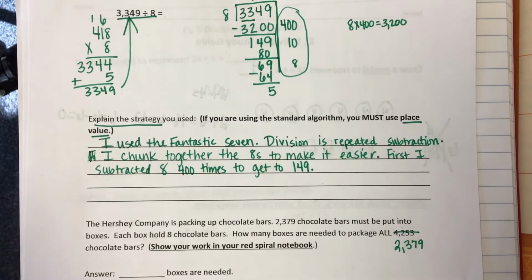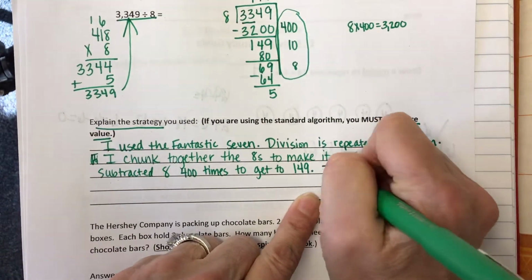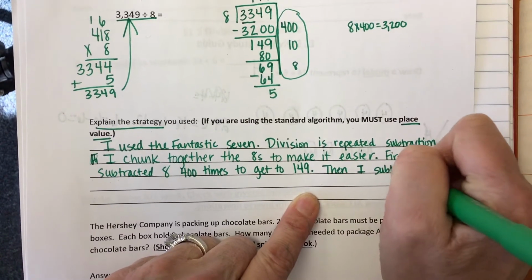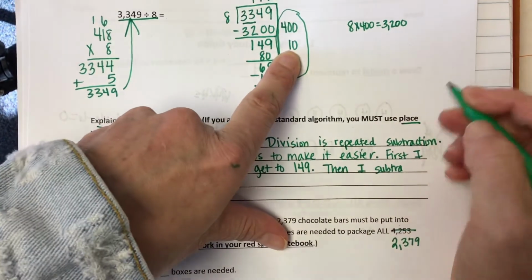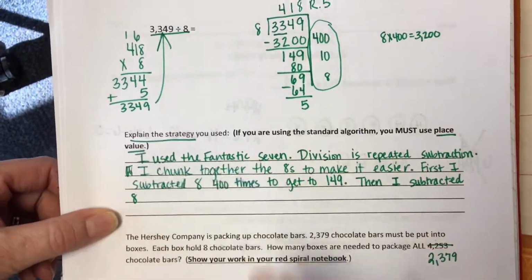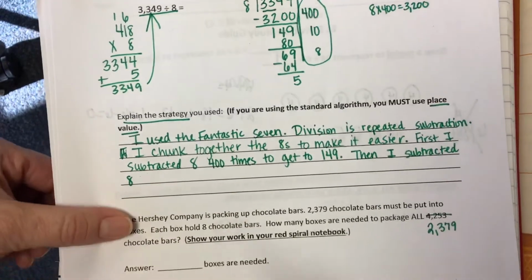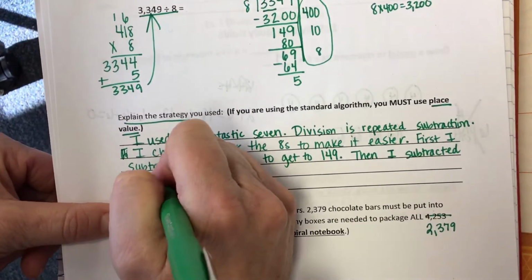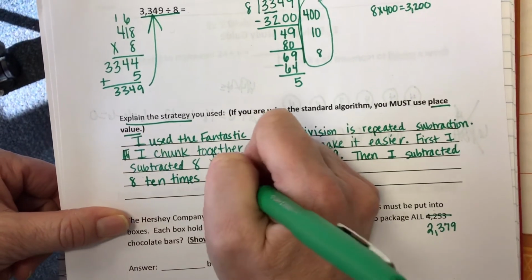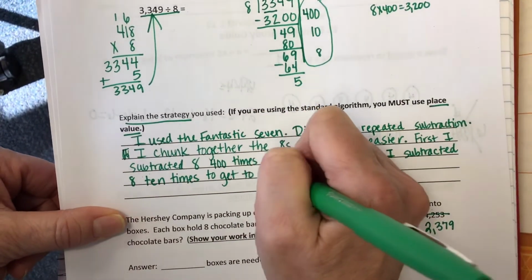Then how many times did I subtract 8? Back to your partial quotients. How many times did I subtract 8? Nolan? 10 times. To get to 69.